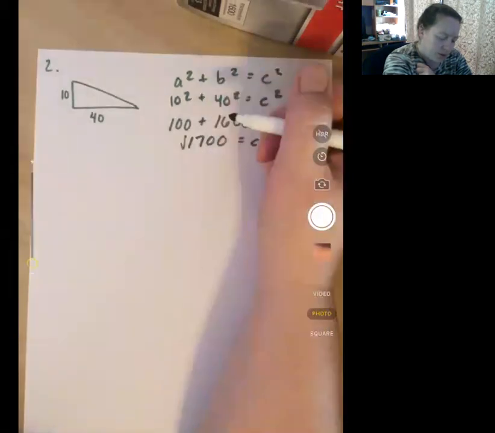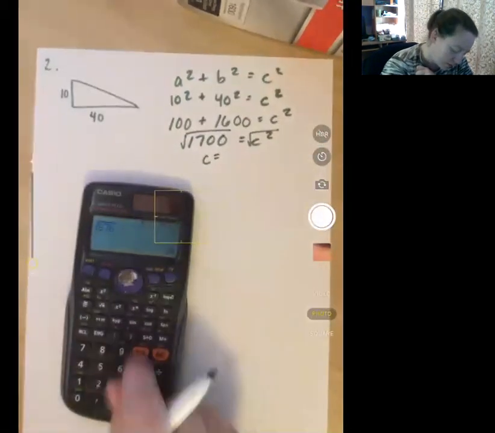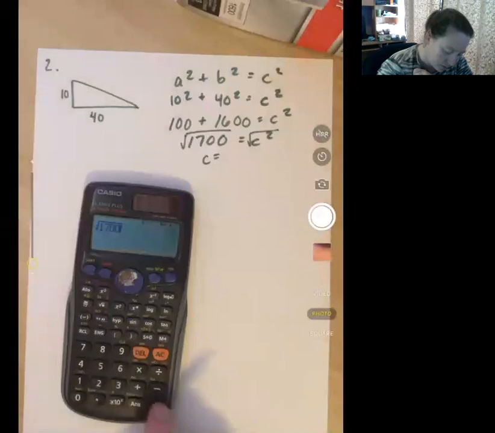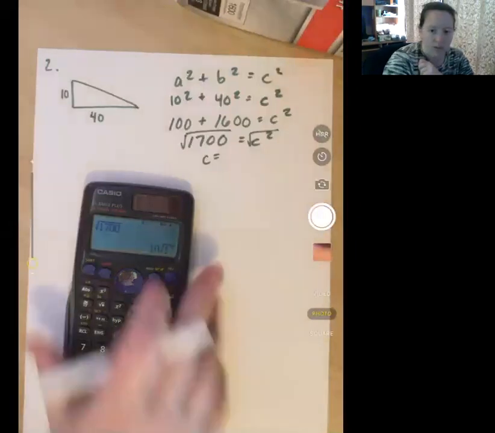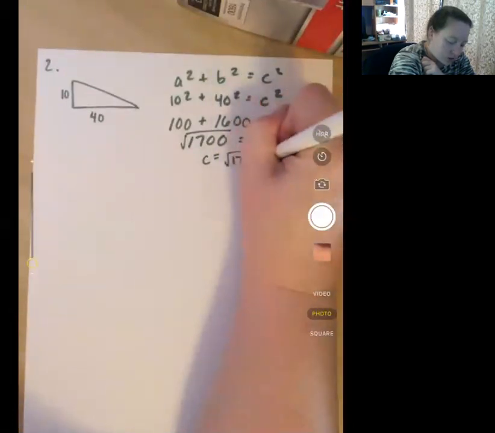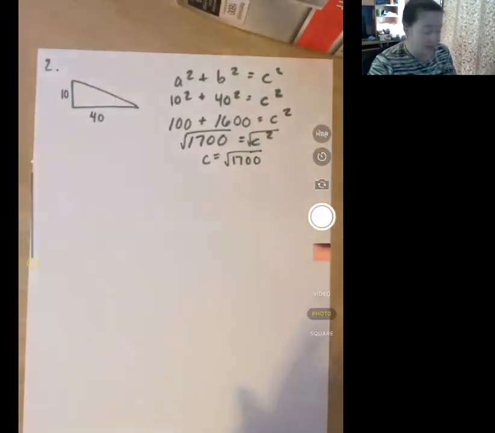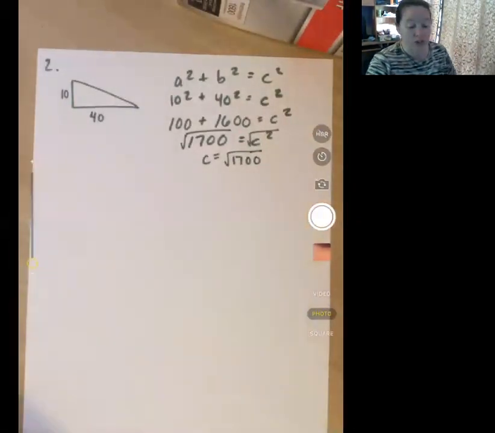Square root of each of them, so I end up with c is equal to the square root of 1700. Okay, so that's what I'm going to put down as my c. That's how much the bottom is.